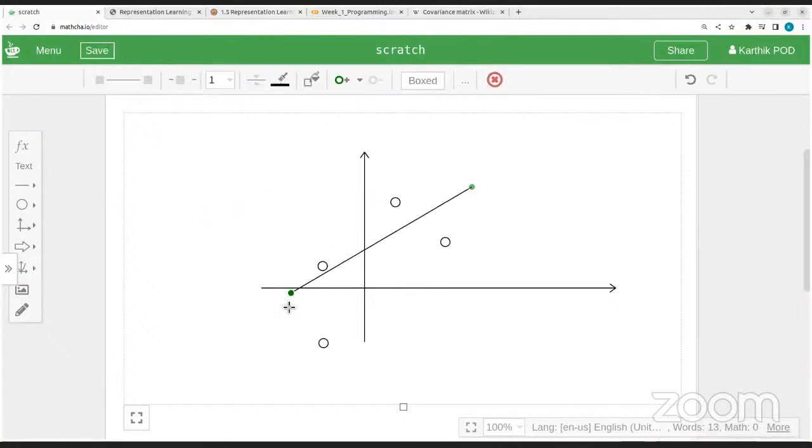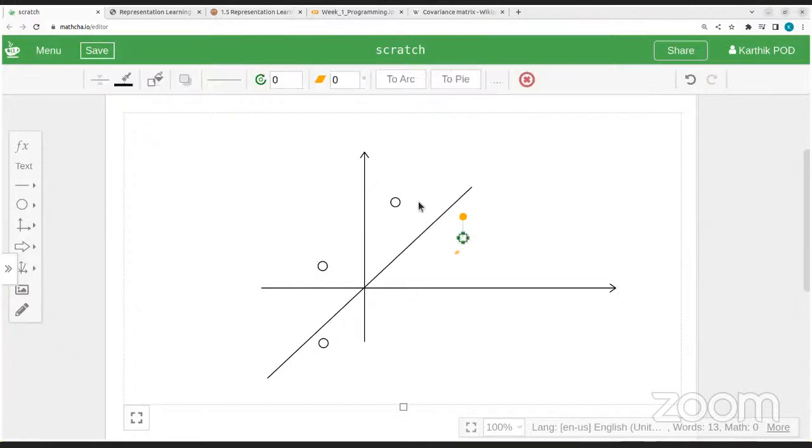Rather, something like this. So your errors are going to be like this. So these are your error vectors. This is clear, right? Which diagram then is not clear? The second one.